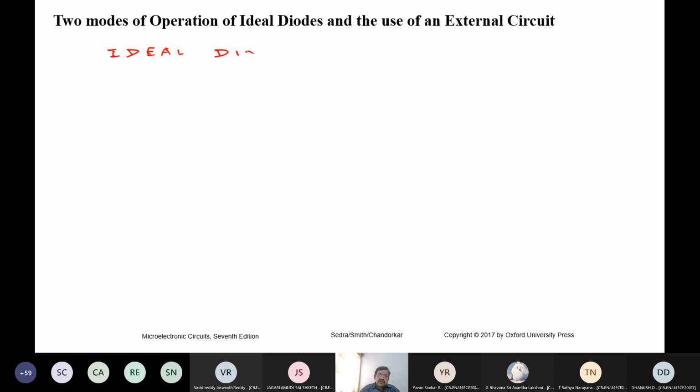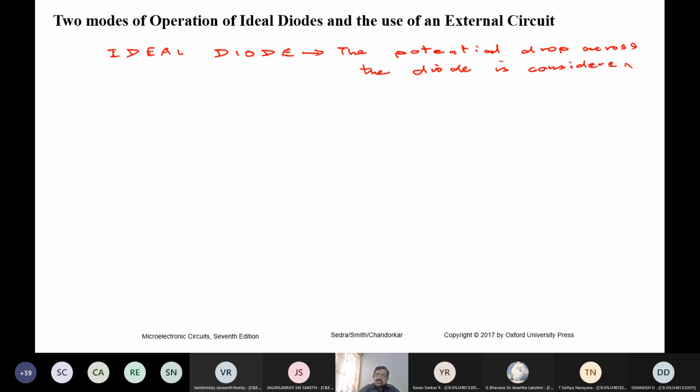When we say ideal diode, the simple definition is the potential drop across the diode is considered 0.